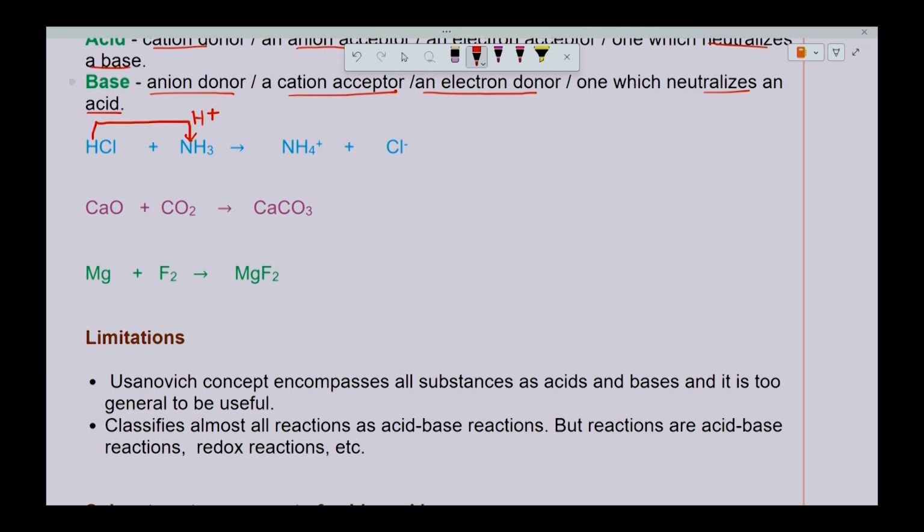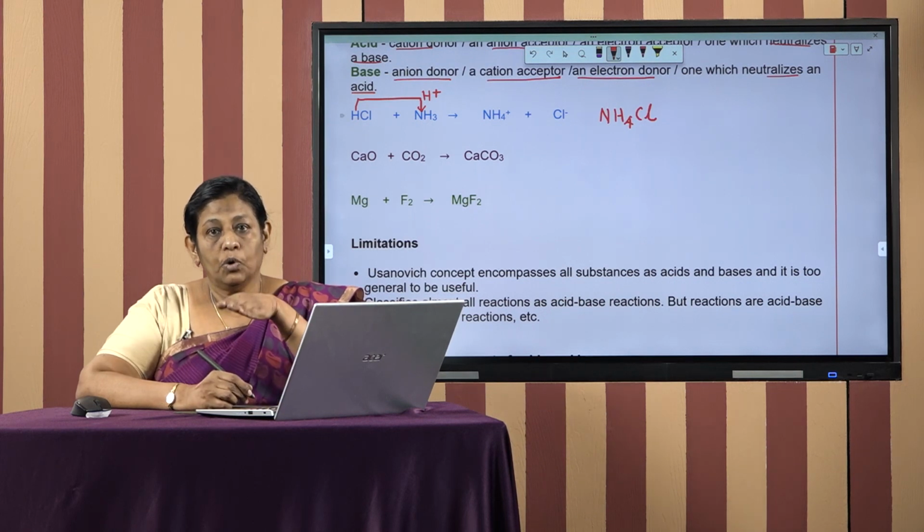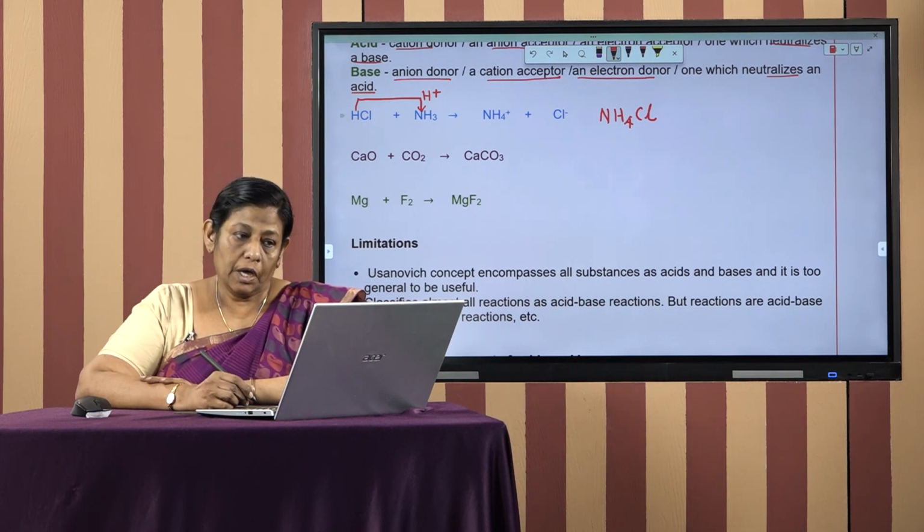Here this is written as ammonium chloride, but you can put it as NH4Cl. To make it clear, I have just split it into ions to show that the H+ ion is donated from HCl to ammonia to form an ammonium ion.